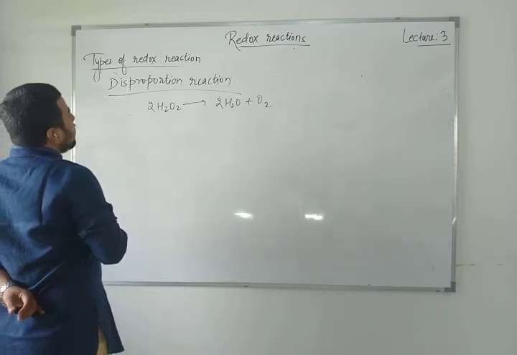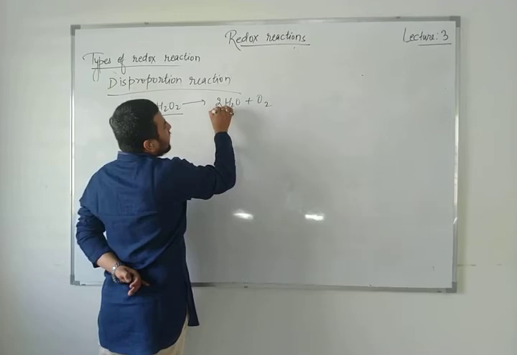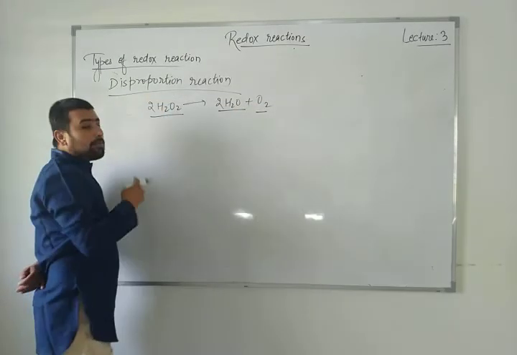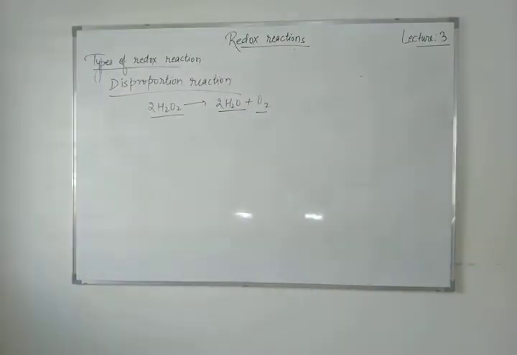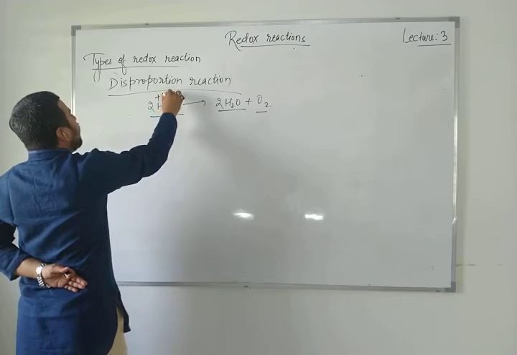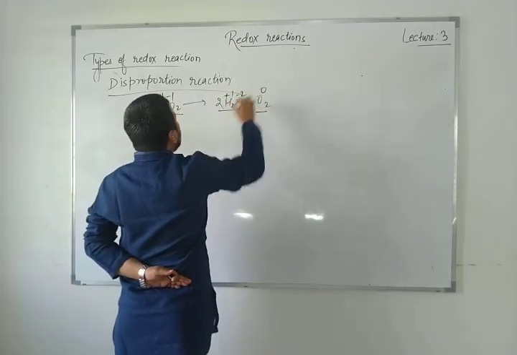Now what you have seen here is that hydrogen peroxide has given a water molecule and an oxygen molecule. Here hydrogen is in plus 1 oxidation state and oxygen in minus 1. In the products, hydrogen is plus 1, oxygen is minus 2 in water, and oxygen is 0.